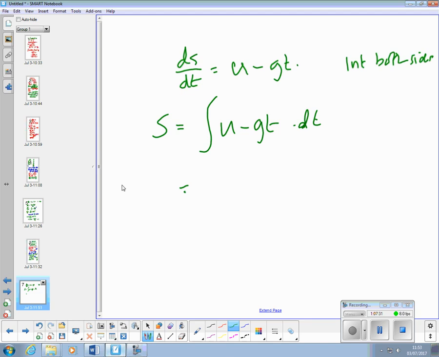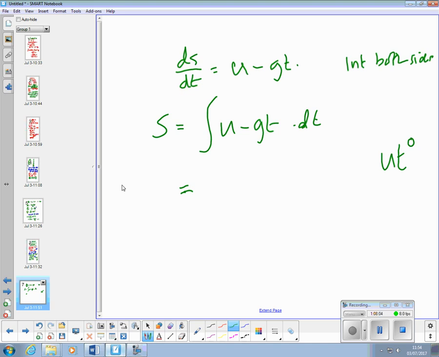integrate u. How could I put t in that and have it still just equal to u? T to the power of nothing, and that's still just u on its own.